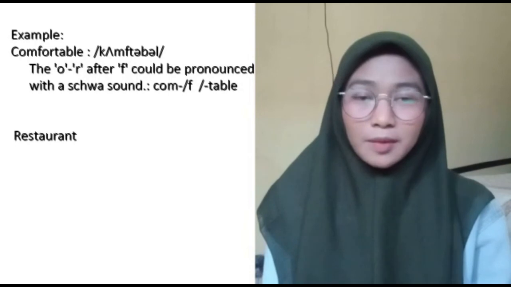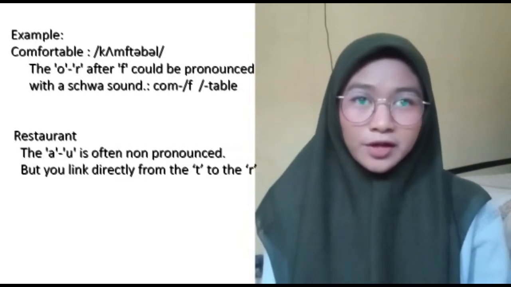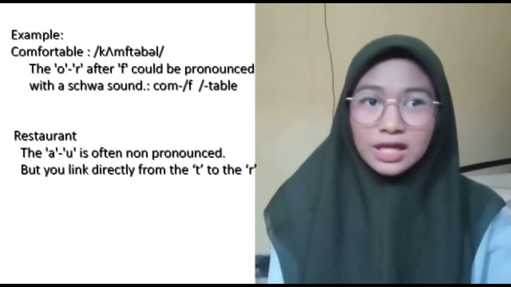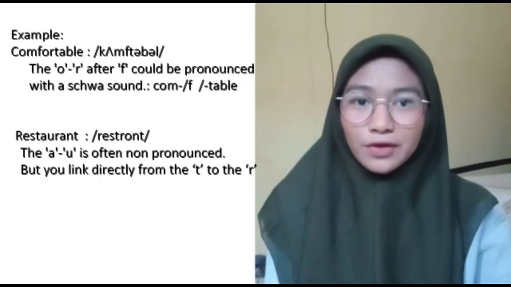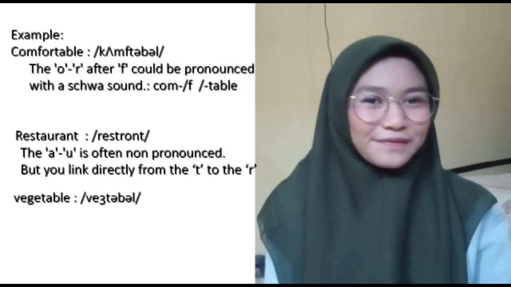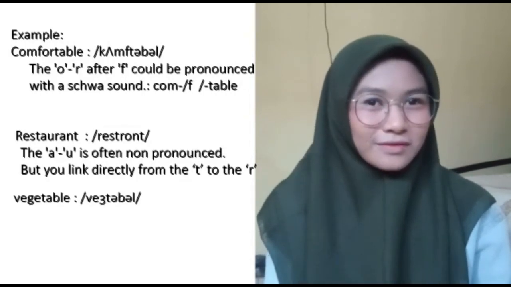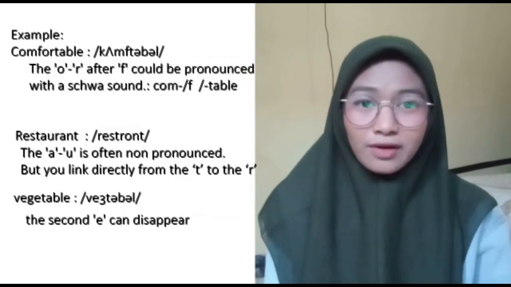Can you hear a syllable is missing? The A-U is often unpronounced, but you link directly from the T to the R. Restaurant. And vegetable, vegetable. The second E can disappear.